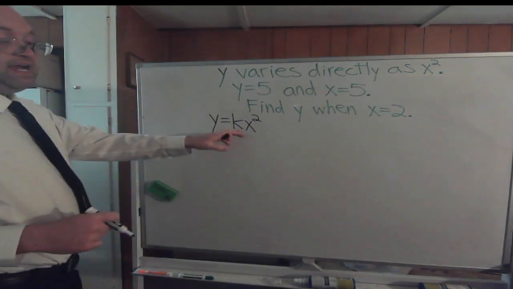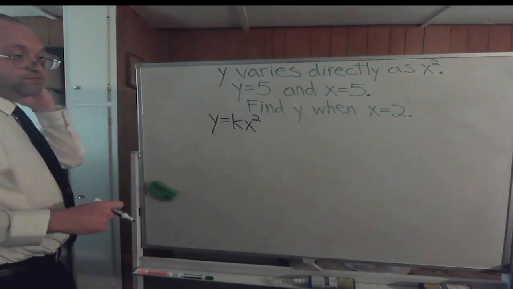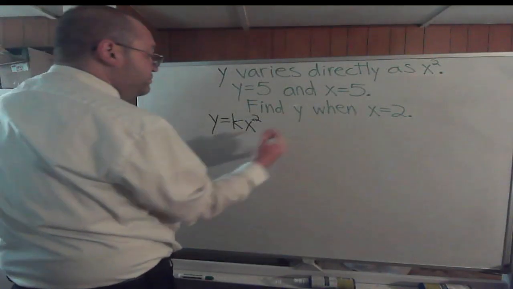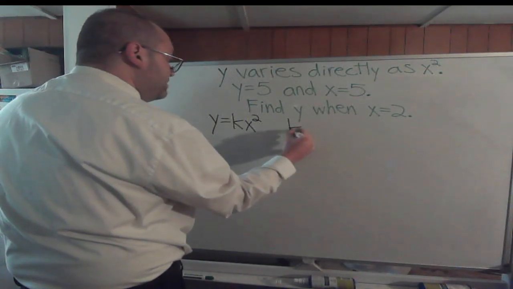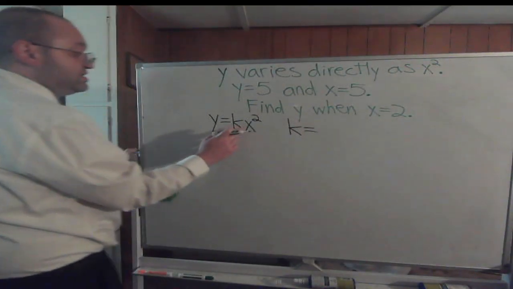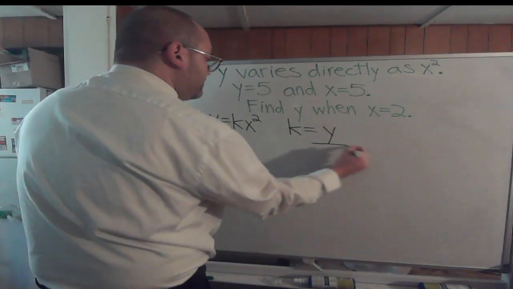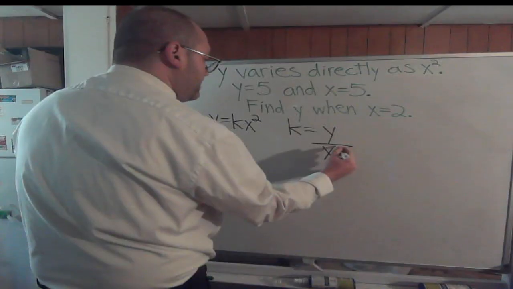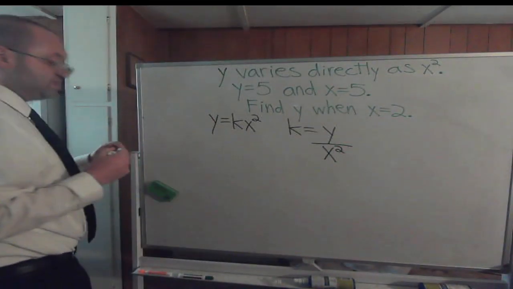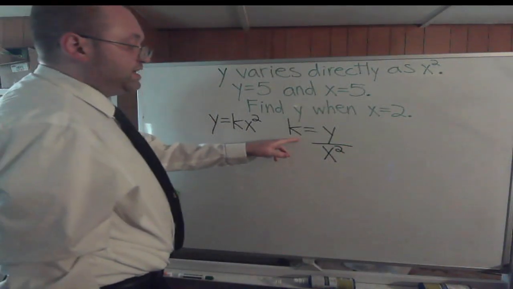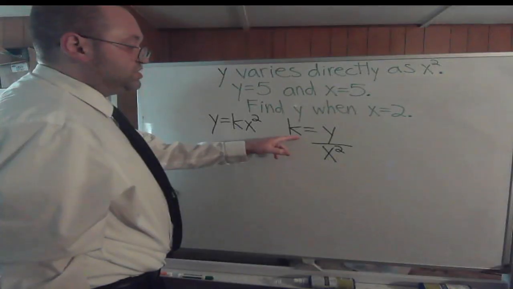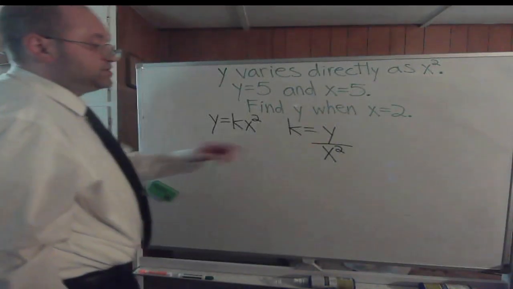We want to get that k by itself, so we have to divide the right side by x squared. If we do that, you do in fact get k by itself. But since you've done it to the right side, you've got to do it to the left side. So you're going to have y over x squared on the other side. So the equation for your constant of variation is k equals y over x squared.